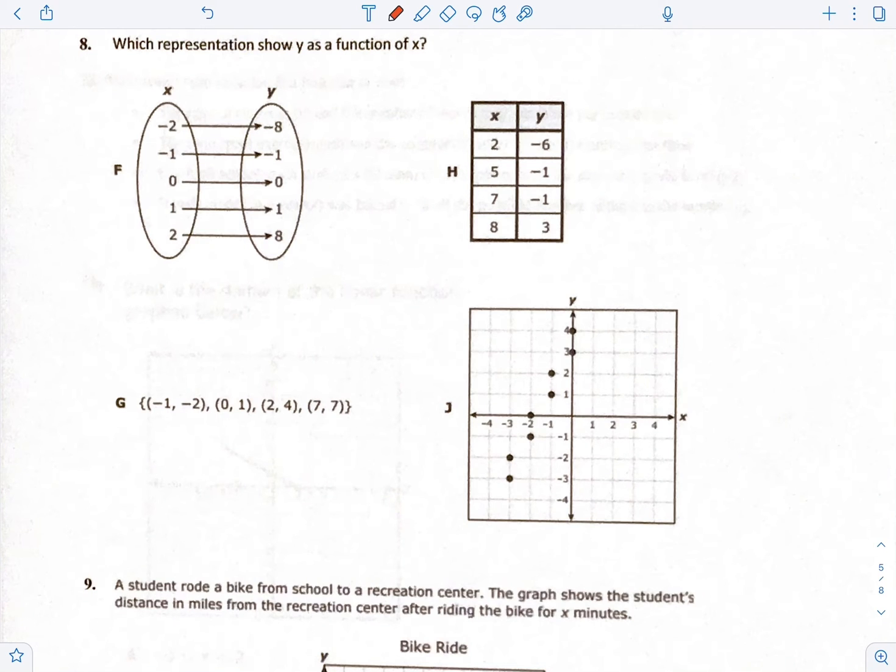Well, this is definitely not it. I think this is a mistake. I think that the question is asking which should show y is not a function of x, because this one shows it, this one shows it, and this one shows it. This is the only one that does not show it.